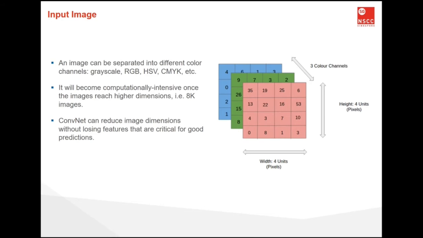If we were using color images in our example, we would have 3 channels for the red, green, and blue pixel values, and that is 4 times 4 times 3.